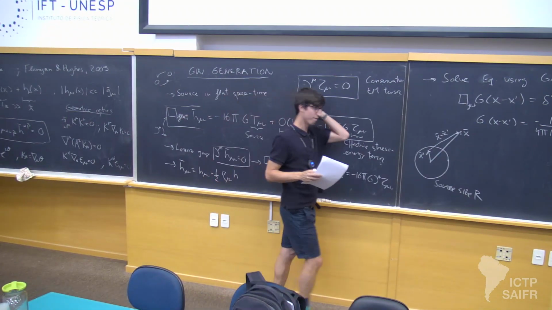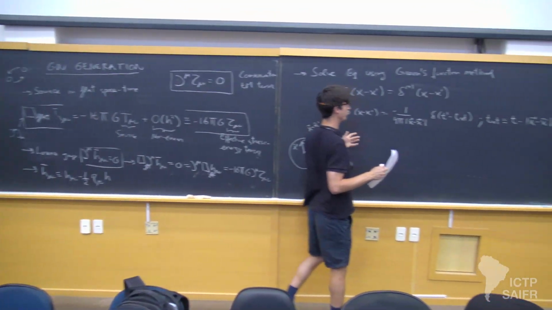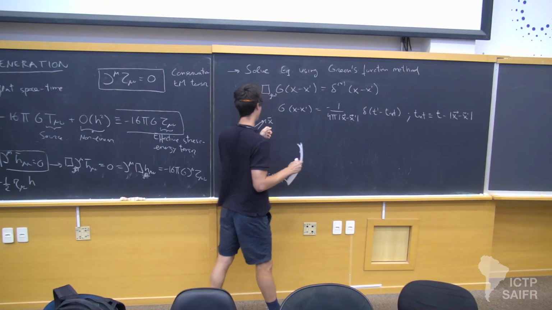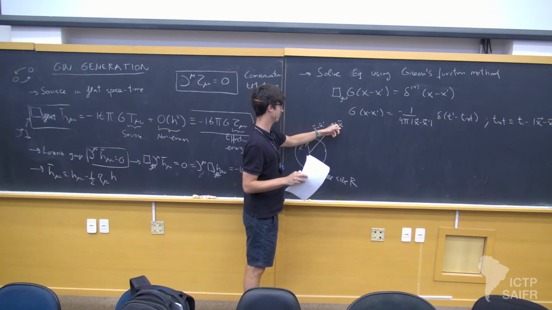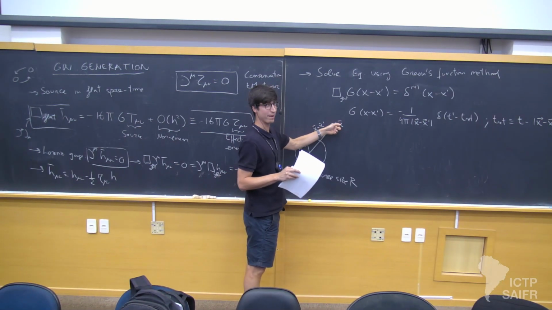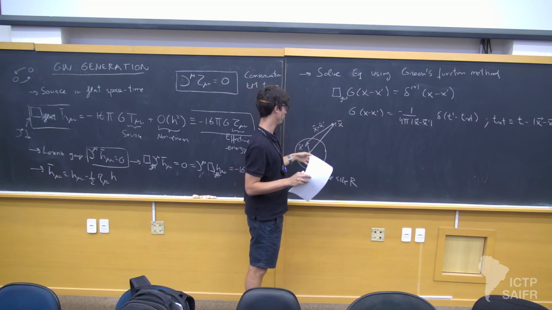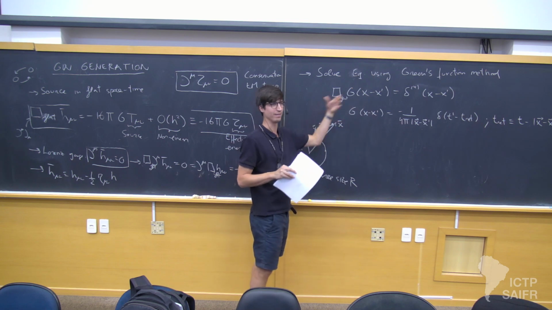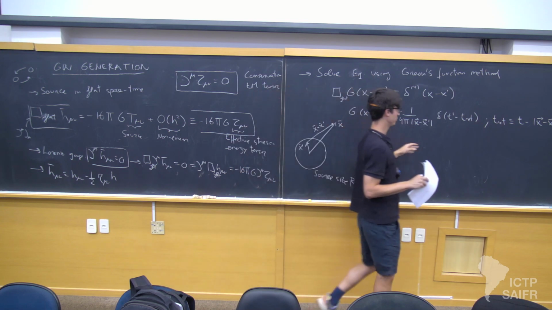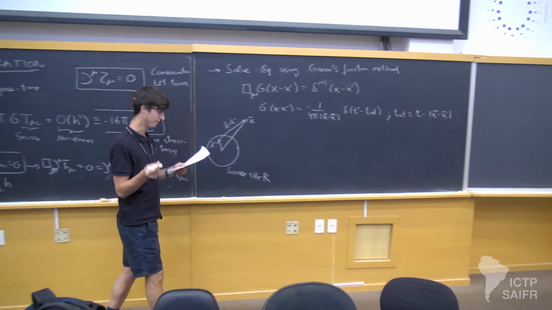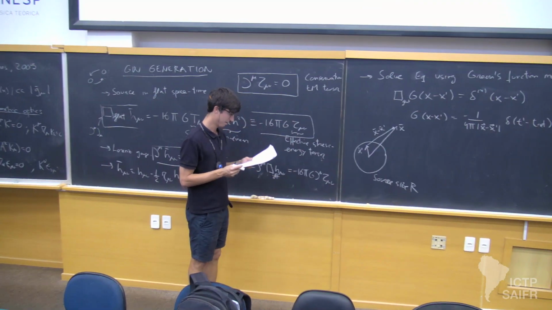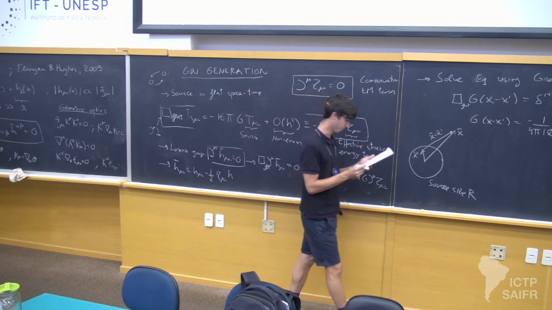What this is telling you is that to get the information of what is happening, you need to wait for the information to come, and it travels at the speed of light. So this is the term accounting for that. It's a way of preserving the causality of the system.